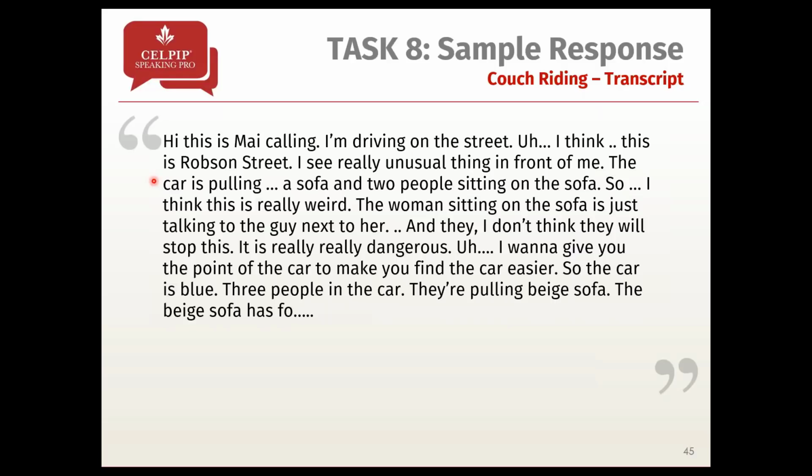She says, make you find the car easier. What she really means is so you can identify the vehicle. So even though she doesn't use the higher level words, she's still able to communicate these ideas, and that's a skill. But she's still held to a certain lower level.